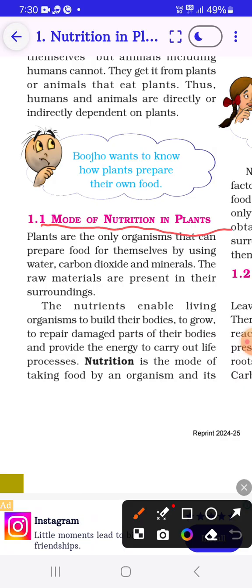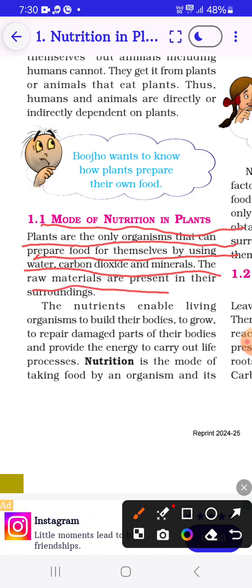Mode of nutrition in plants. Plants are the only organisms that can prepare food for themselves by using water, carbon dioxide and minerals. How do plants make food? By using water, carbon dioxide and minerals.